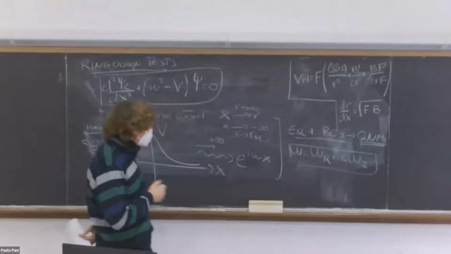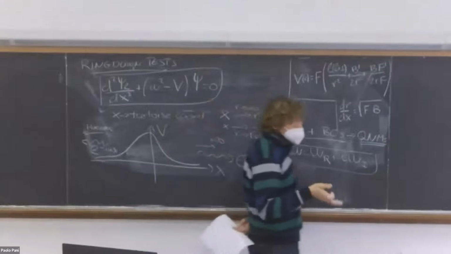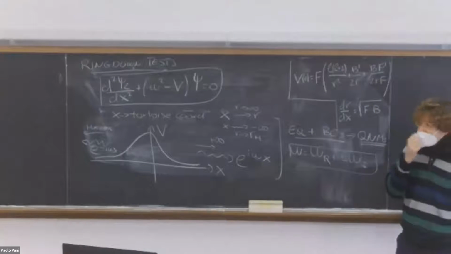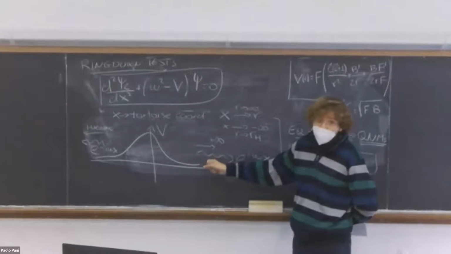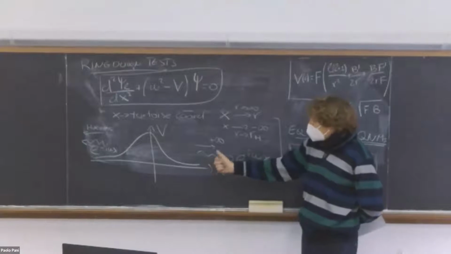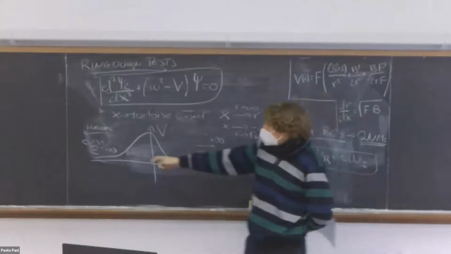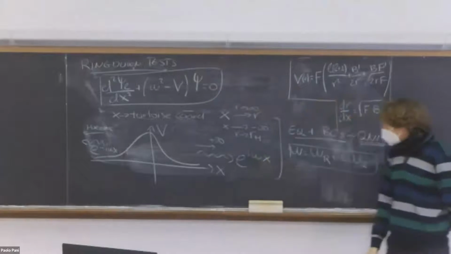So it tells us the time scale over which this perturbation is damped, and the reason why it's damped is twofold. It is because these boundary conditions are dissipative, both at infinity through emission of gravitational waves, but also at the horizon, because the horizon absorbs radiation.